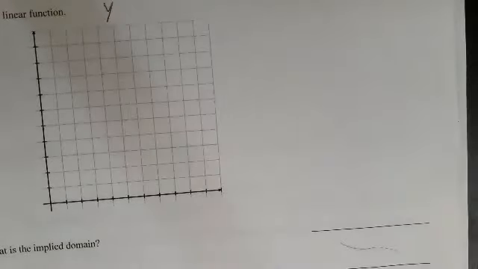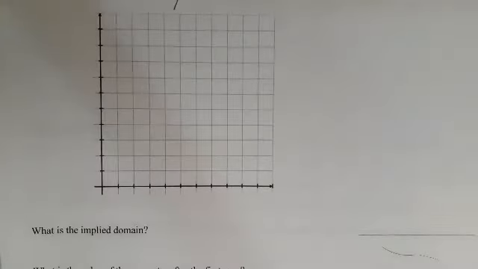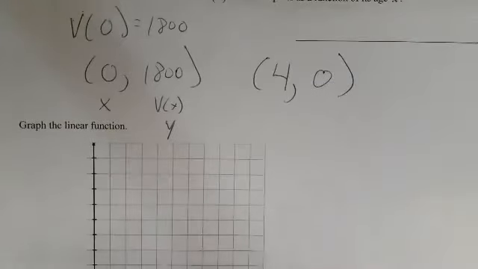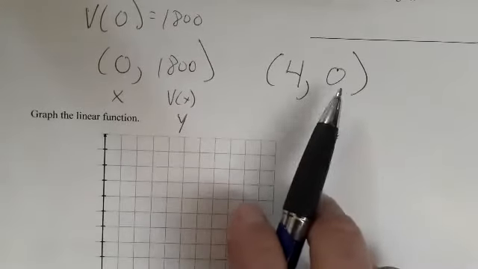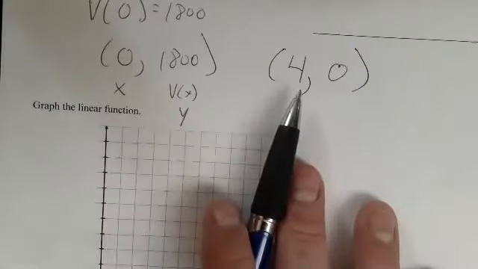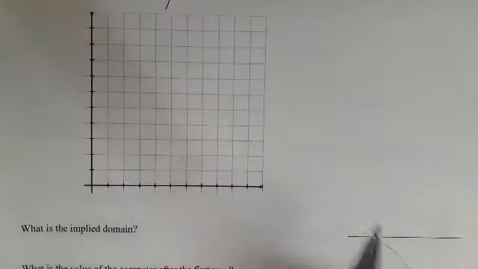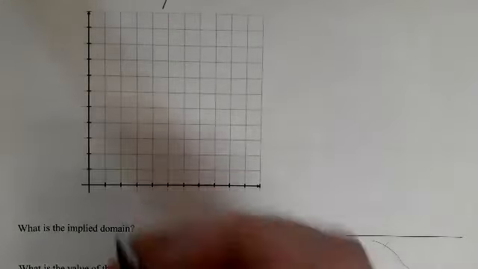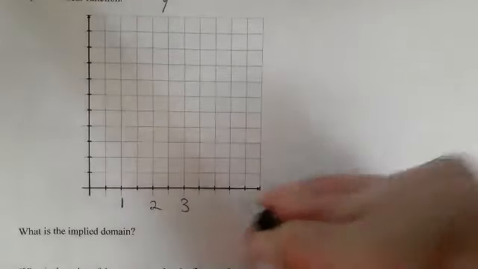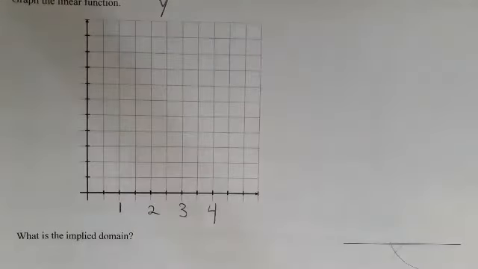Okay, so the next thing I do is graph the linear function. If I want to graph this, let's start with the x. I'm going from 0 to 4 on my x-axis. I think there's 10 tick marks, and if I go every 2, that should take care of 8 tick marks, which is pretty sufficient.